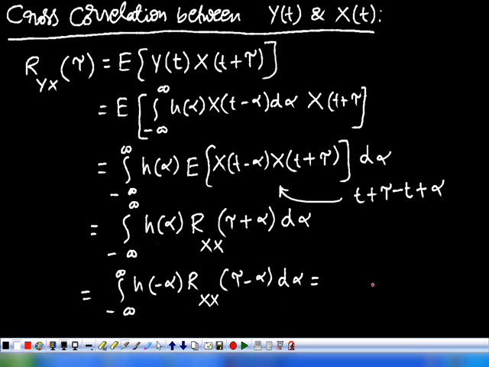Now what does this indicate? It is in the form of h of alpha Rxx of tau minus alpha d alpha. This integral is the convolution integral except for the minus sign here.